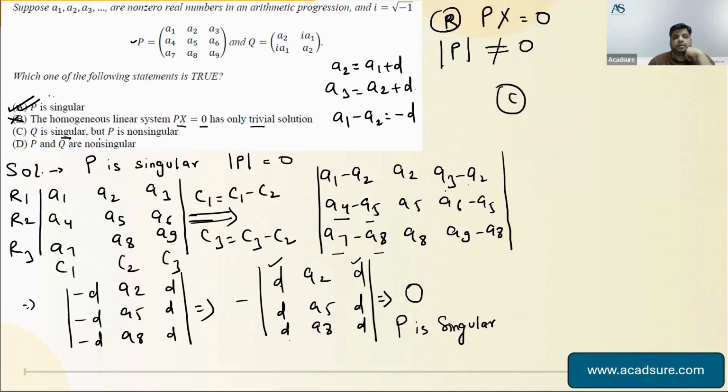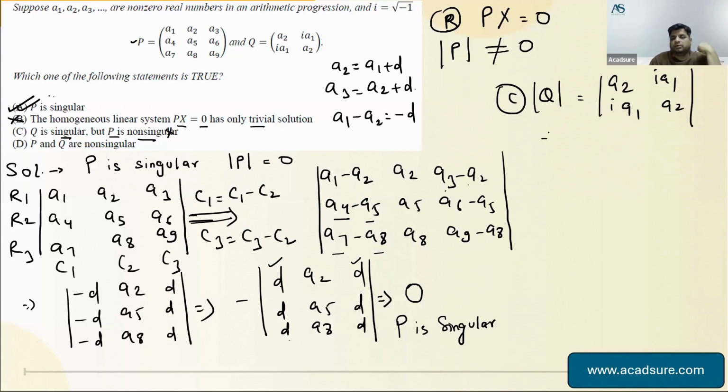Q is singular, but P is non-singular. This statement is already half wrong, as it says P is non-singular, which is not correct. Let's check Q. For Q, the determinant will be A2, iota A1, iota A1, and A2.